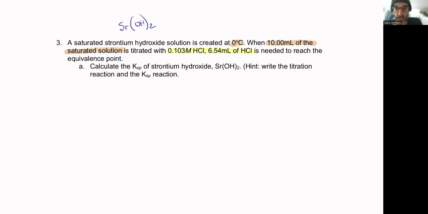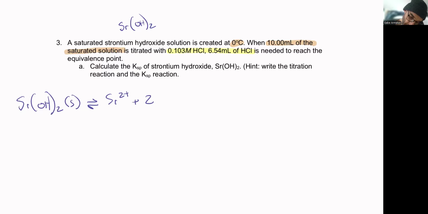Calculate KSP. Okay, so in order to calculate KSP, I need to know what the actual expression for KSP is. So strontium hydroxide as a solid is in equilibrium with strontium 2 plus and two hydroxide ions.